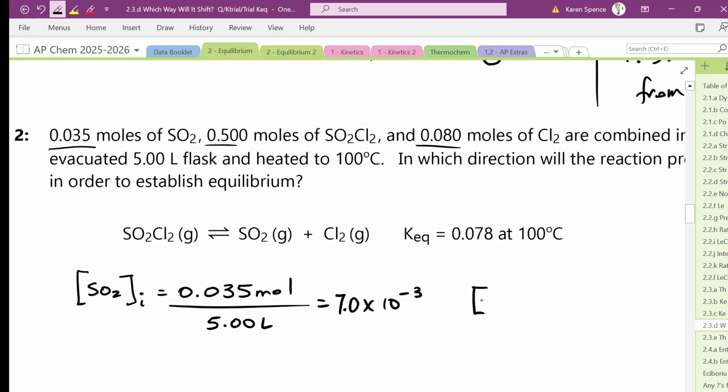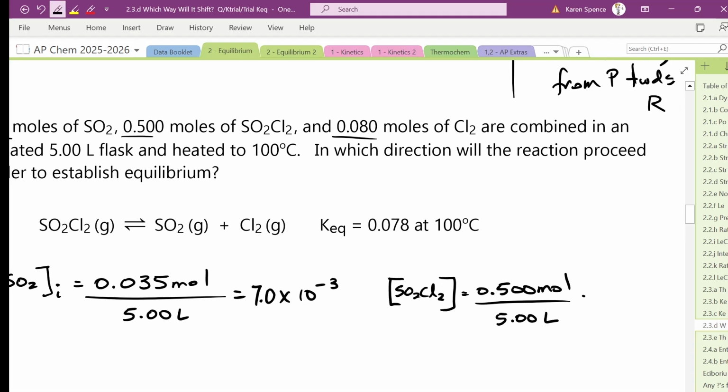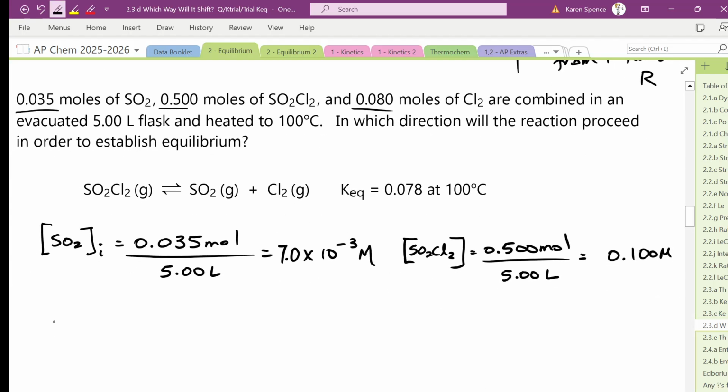Concentration of SO2Cl2, 0.500 moles in 5 liters equals 0.100 molar. I forgot my molar over here. And then we have to do Cl2.